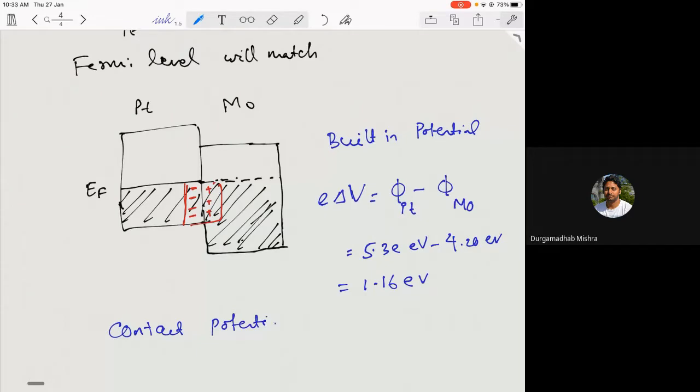Okay. So whenever you have two dissimilar materials, you make a junction, you put them together, you will always have this contact potential, which will be equal to the difference between the work functions. And remember, you are not changing the work function at all. The work function of molybdenum remains 4.2, and for platinum it remains 5.3. So it is not like the vacuum level remains the same.